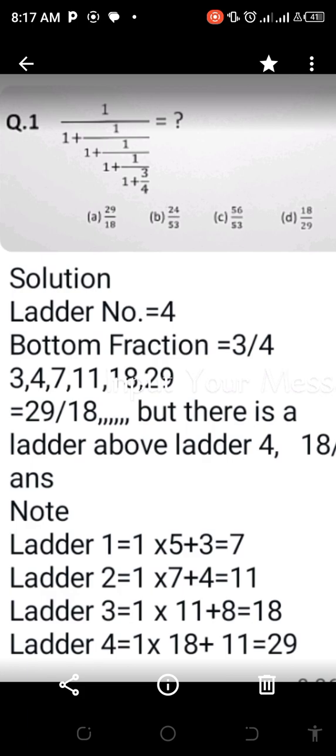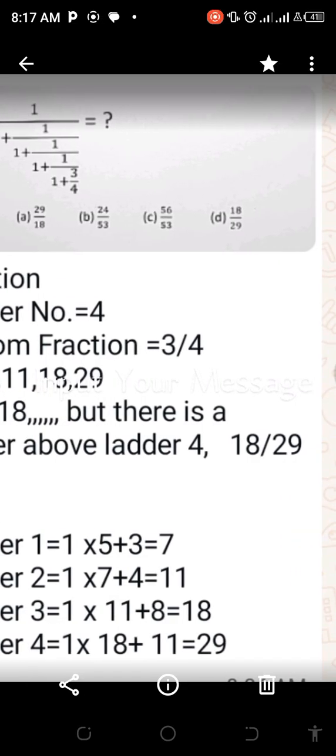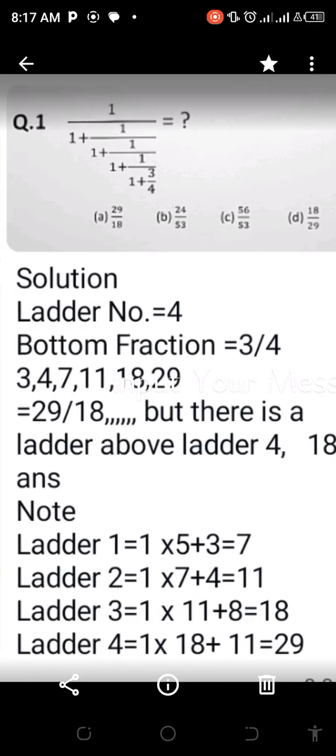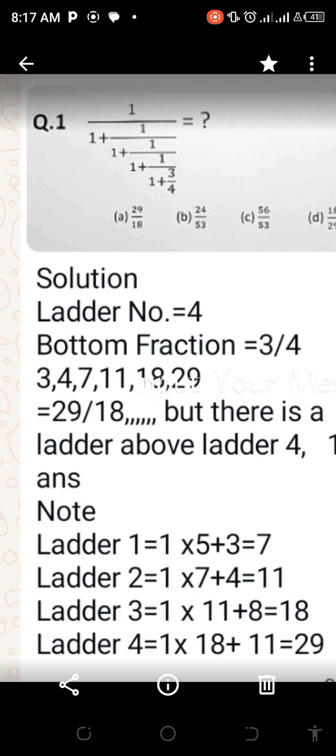After the question, you discover there are options. Now I want to return you to the structure. You discover that this example 1 has a different structure from the 5 examples we just finished explaining. If you watch this example 1 critically, you discover that it is a 4 ladder fraction.